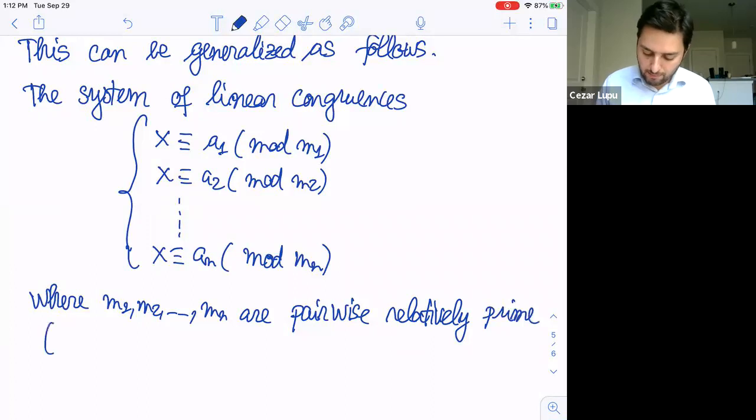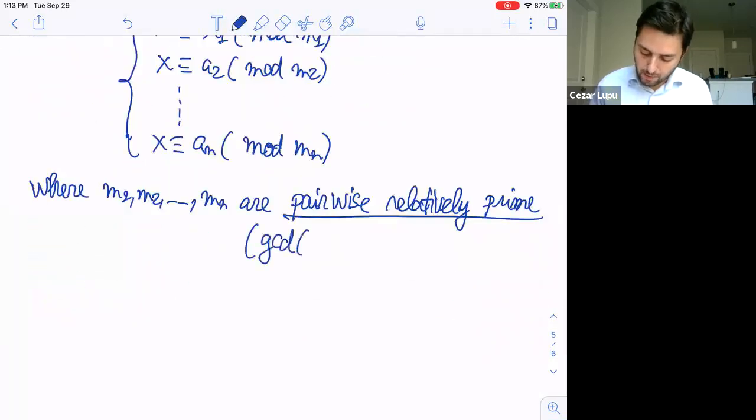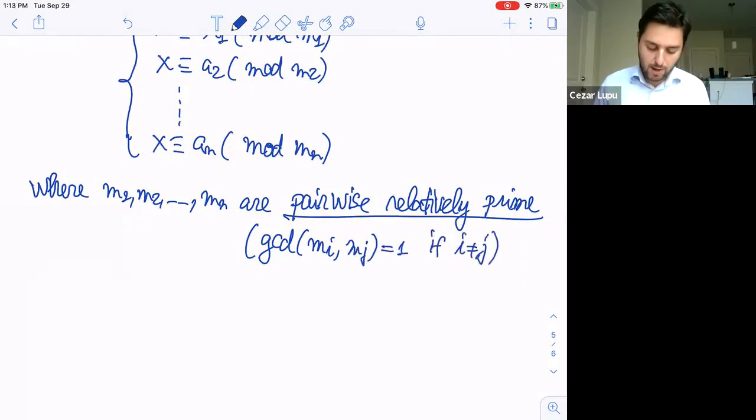So this means, I'm going to explain this so that things are clear, that the GCD of Mi, Mj is 1 if and only if i is different than j.